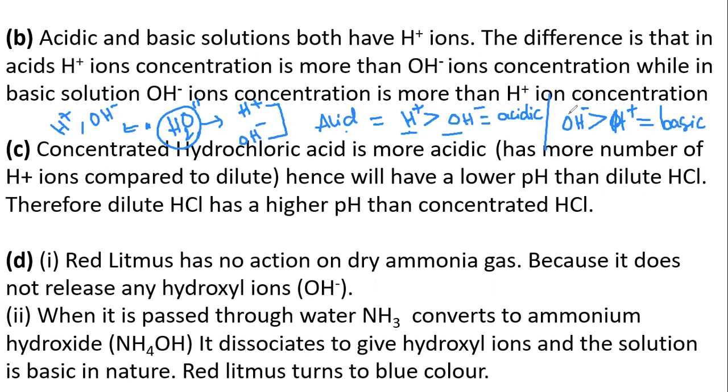Understood? Basic solution means OH minus concentration will be more. Acidic solution means H plus ion concentration will be more. That is the only difference. The solution contains both, but the concentration differs. According to that, the nature of the solution gets decided as basic or acidic.